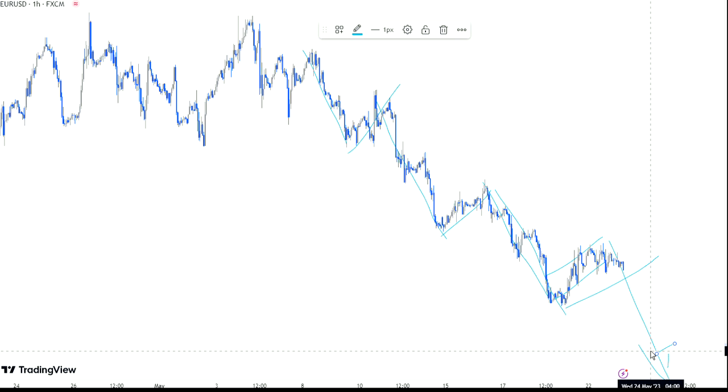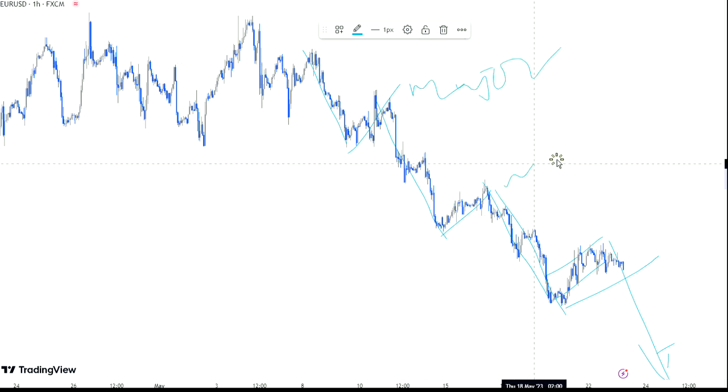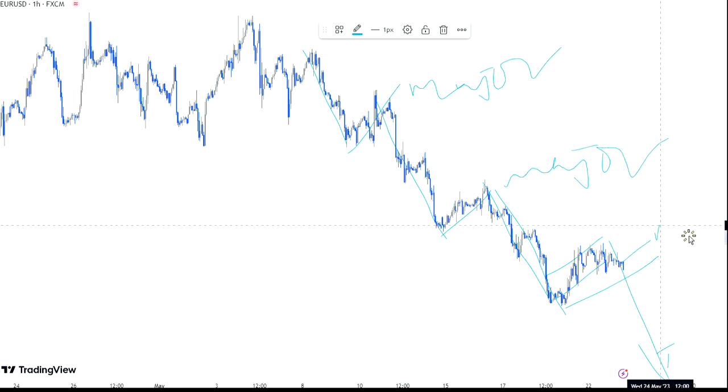So as you can see, inside the impulse we have a minor correction, that is impulse, correction, impulse, correction, impulse, then a major correction. This is what we call a major correction, and this one is a major correction, and this one is a major correction right here at this point below.